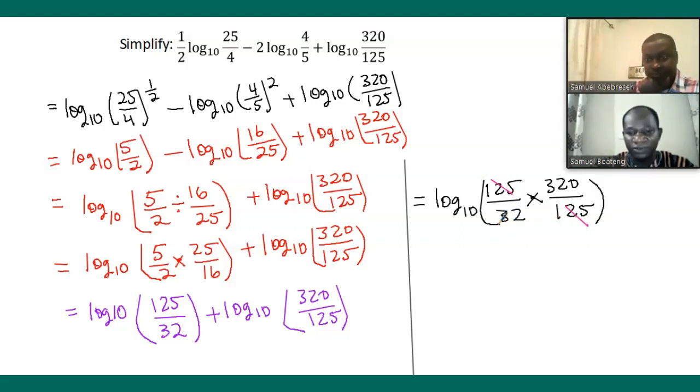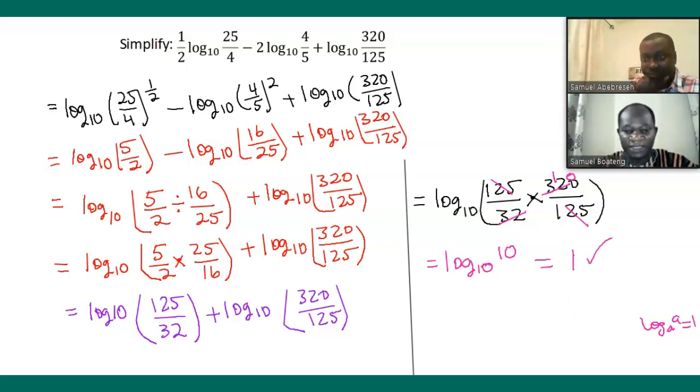Then 32 will go into this one. Okay, so you have log 10 to the base 10. Now, according to one of the laws or the properties, log of a number to the base of the same number is always equal to 1. So this whole expression, log 10 to the base 10, will give you 1. Good.